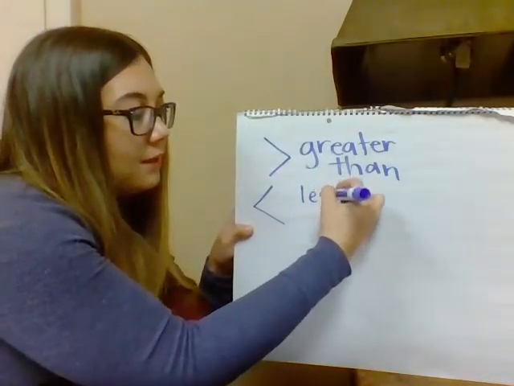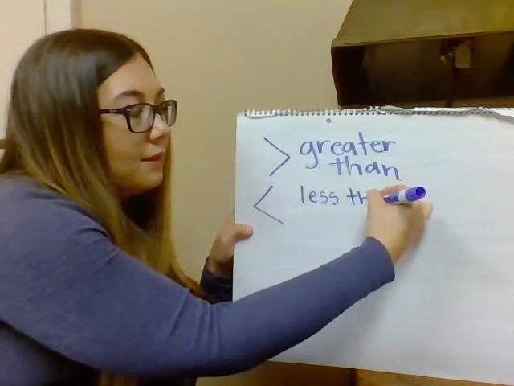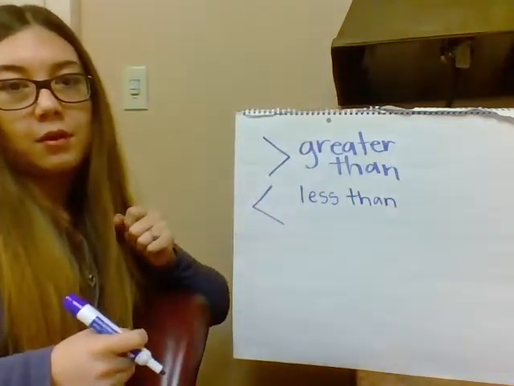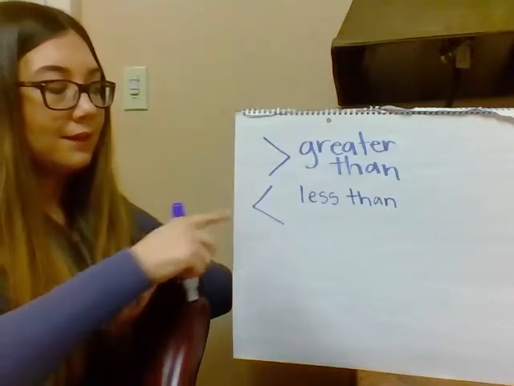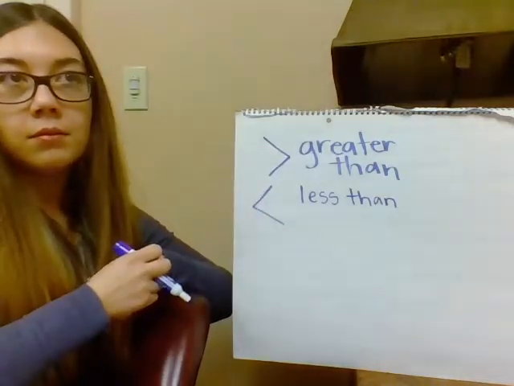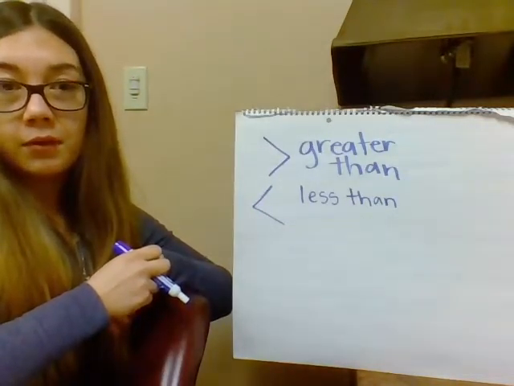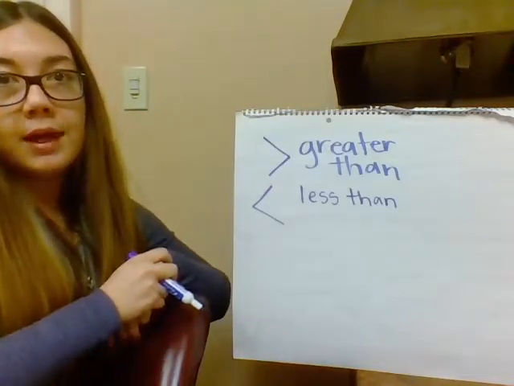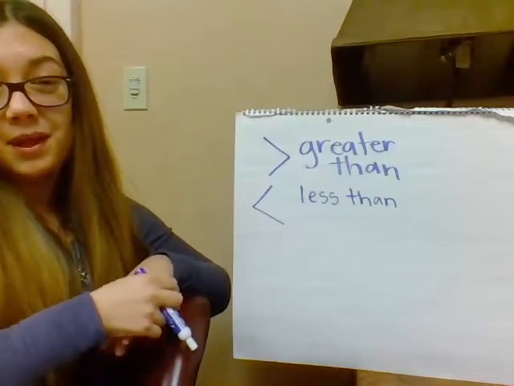We use this to say something is less than something else. It's a smaller amount. 4 is less than 6. It's smaller. There's a fewer amount. 10 is greater than 1. It's bigger. There's more.